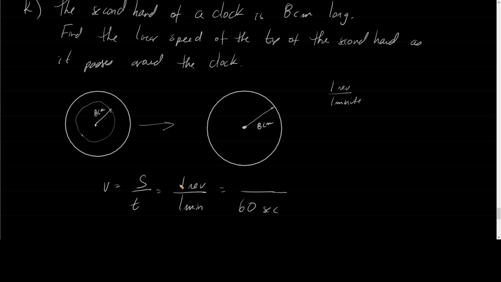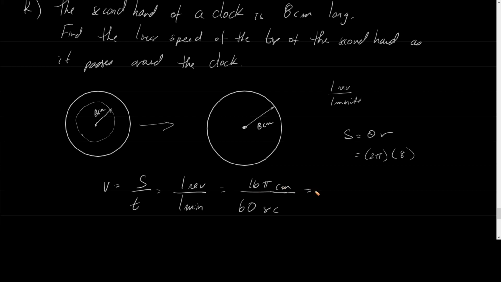For the arc length, we know that the arc length is equal to theta times r. The angle we're going over is a whole revolution, which is 2 pi, times the radius, which is 8 centimeters. So we have 16 pi centimeters as the entire arc length.